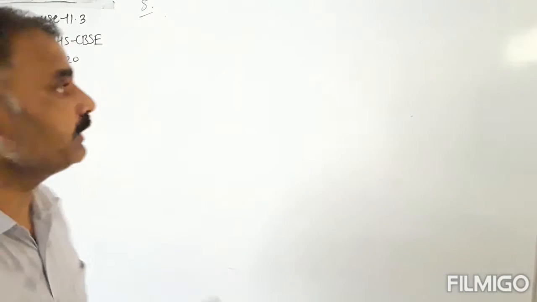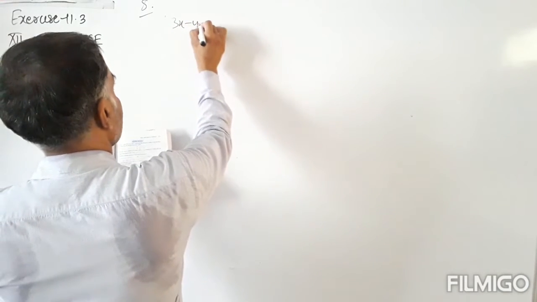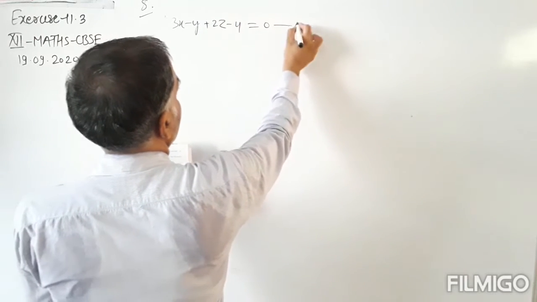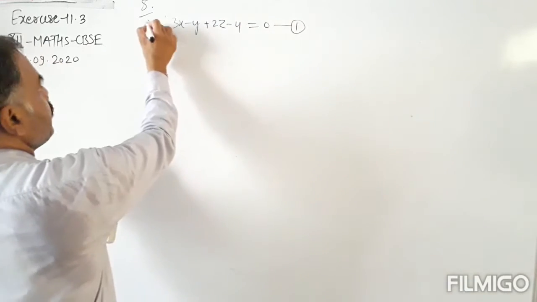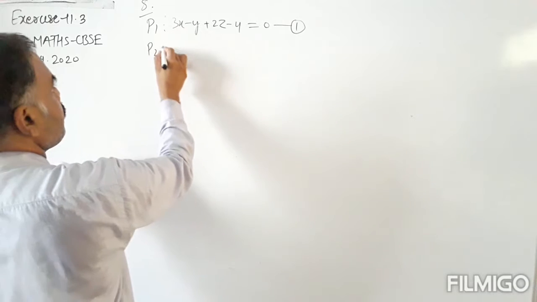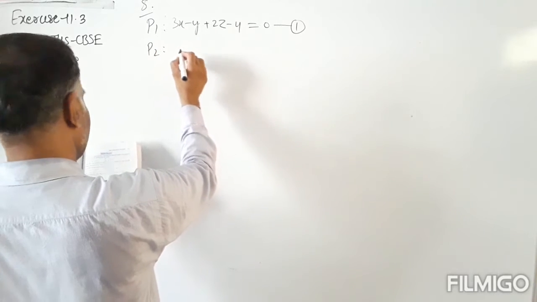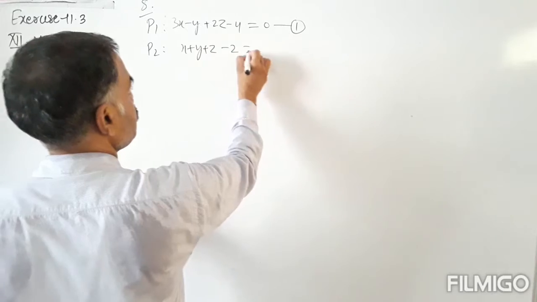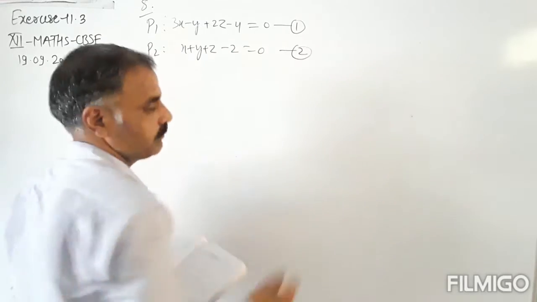The equations of the planes are given as 3x minus y plus 2z minus 4 equals 0, equation number 1, the first plane, and the second plane is given as x plus y plus z minus 2 equals 0, the second equation.